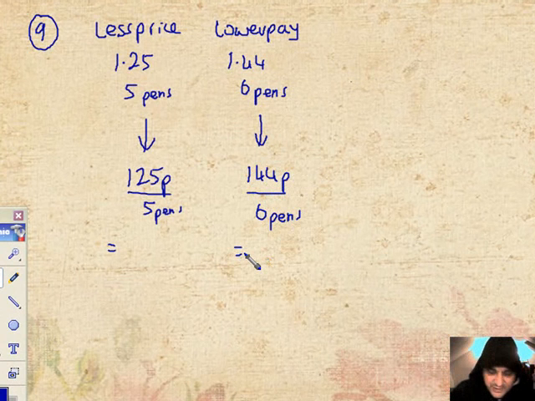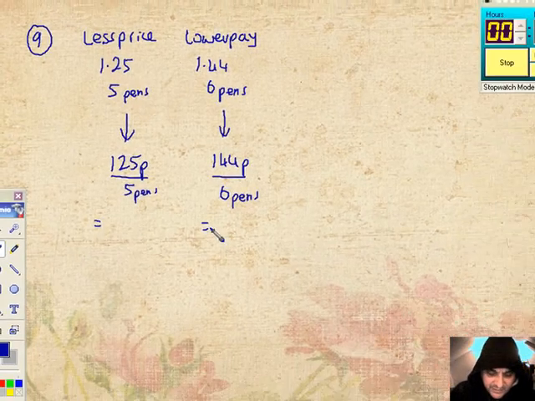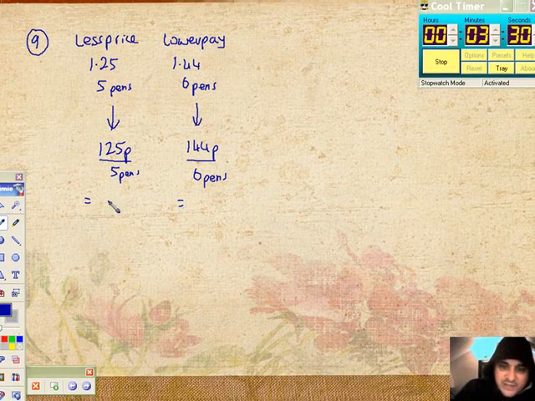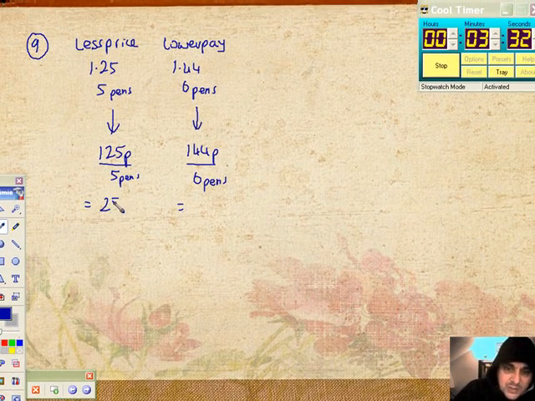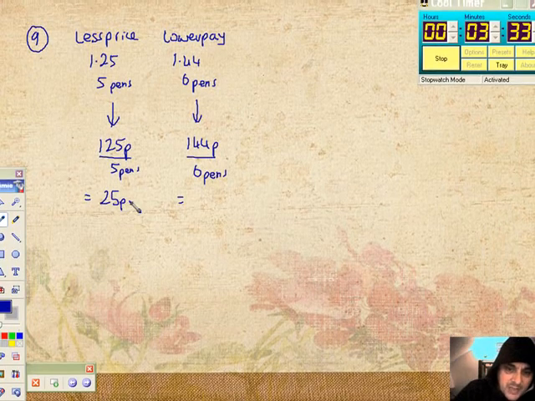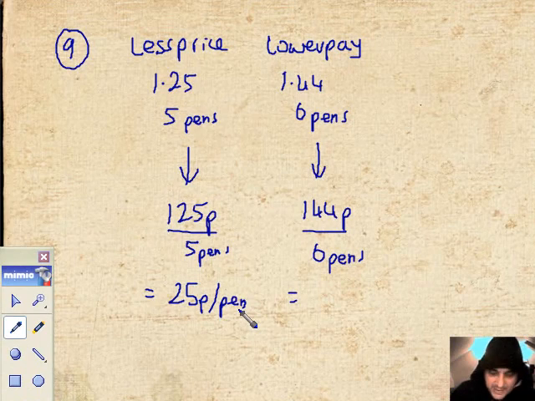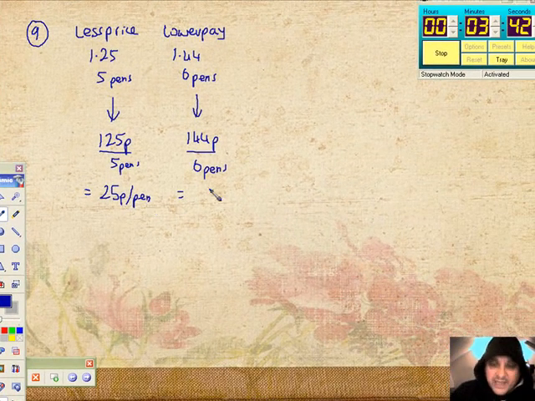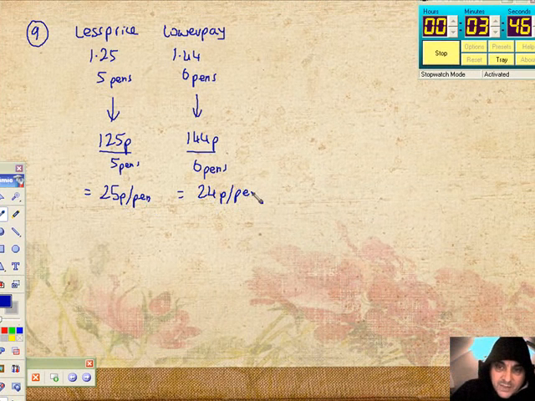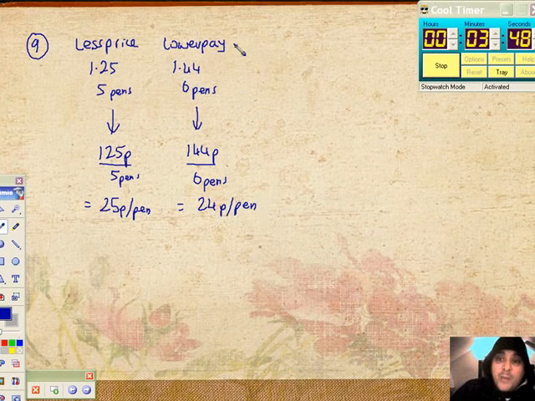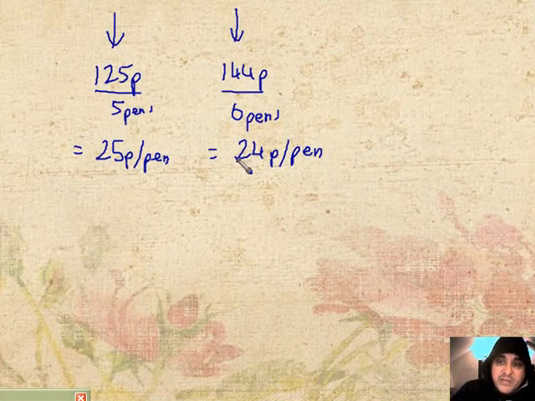So, Less Price first then. 125p divided by 5, that's going to be 25p per pen. So each pen costs 25p, and the other lot, 144 divided by 6, that gives us 24p for every pen. So it looks like Lower Pay is the one that gives us cheaper pens. So that's the Best Buy. Alright?